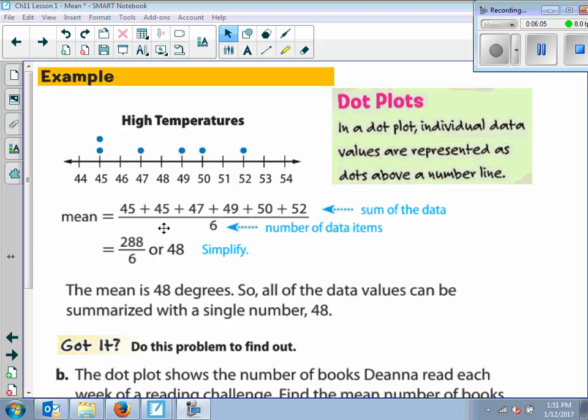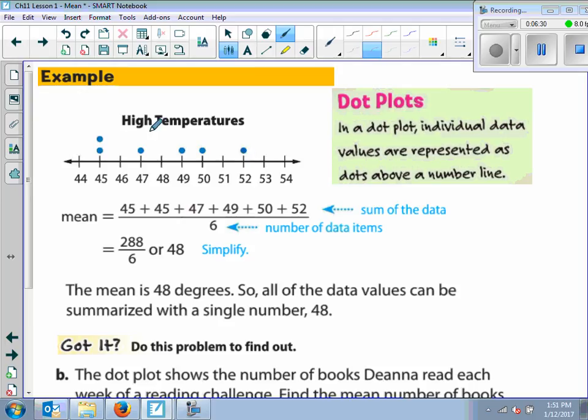Here we have a number line, and the individual data values are represented by the dots above the number on the number line. For the high temperatures, we've got 2 45s, a 47, a 49, a 50, and a 52.